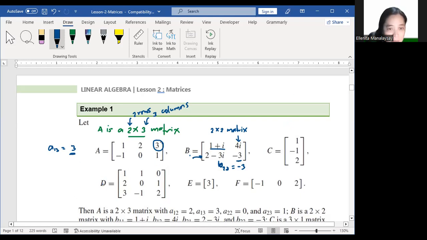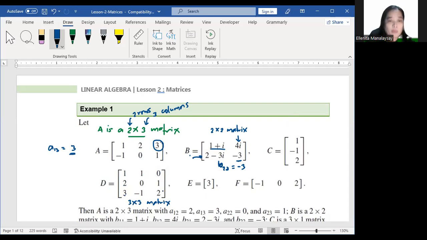Then consider matrix D. Matrix D has 1, 2, 3 rows and 1, 2, 3 columns. So matrix D is a 3 by 3 matrix.